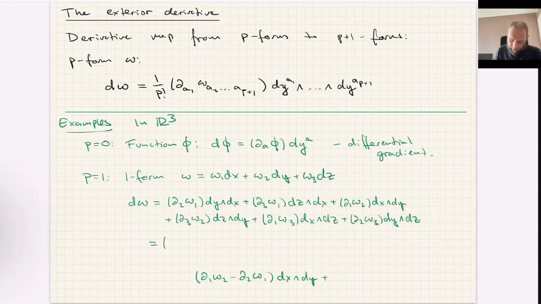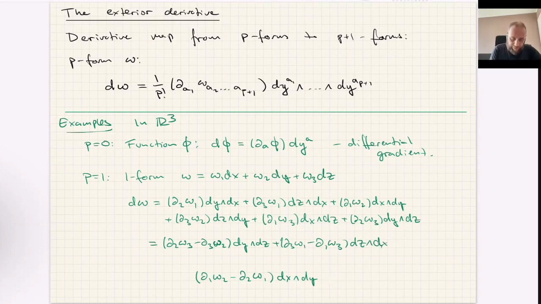So we would have (d_2 omega_3 minus d_3 omega_2) dy wedge dz. And then I take the dz dx terms. So I have this one, and I have this one. One of them comes with a minus sign. So I have (d_3 omega_1 minus d_1 omega_3) dz wedge dx.